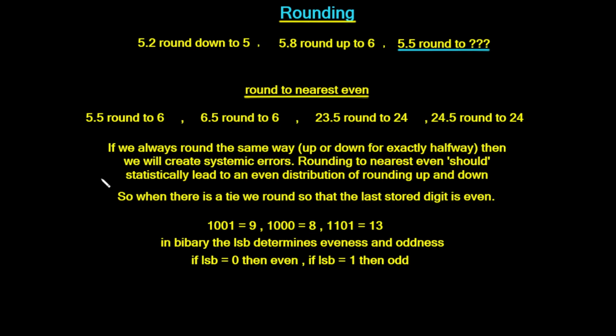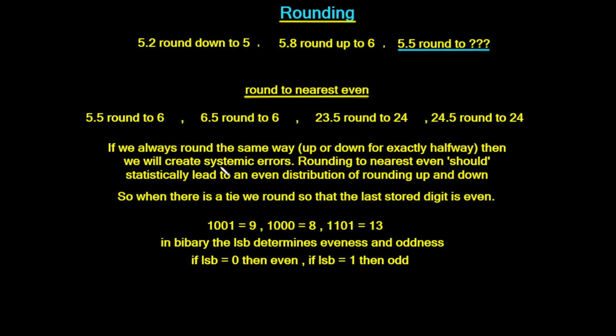Now the reason for doing that is if we were to, say for example, always round up, so if we had 5.5 and we always rounded it up to the next integer, or if we had 5.5 and always rounded it down to the value of 5, then by continually rounding in the same direction, whenever we get the halfway result, it's going to create a possibility of systemic errors.